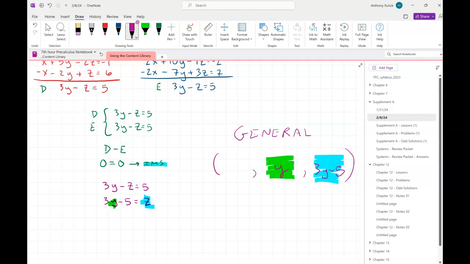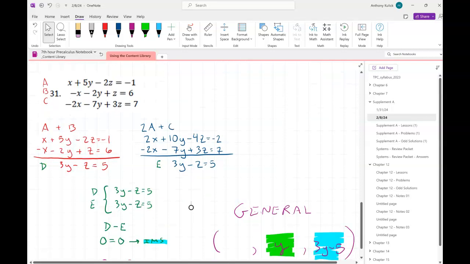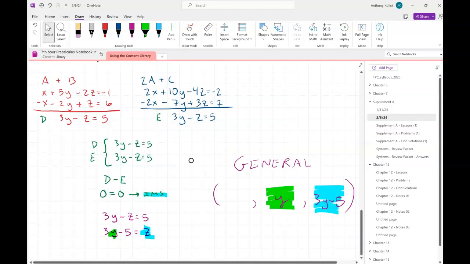To figure out what my x component should look like, I'm going to take my answer for z and plug that back up into any of the 3 variable equations.